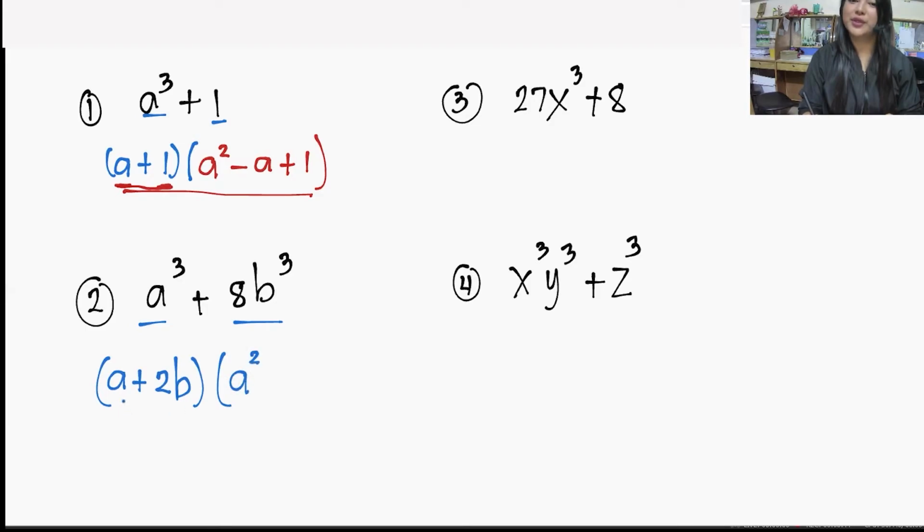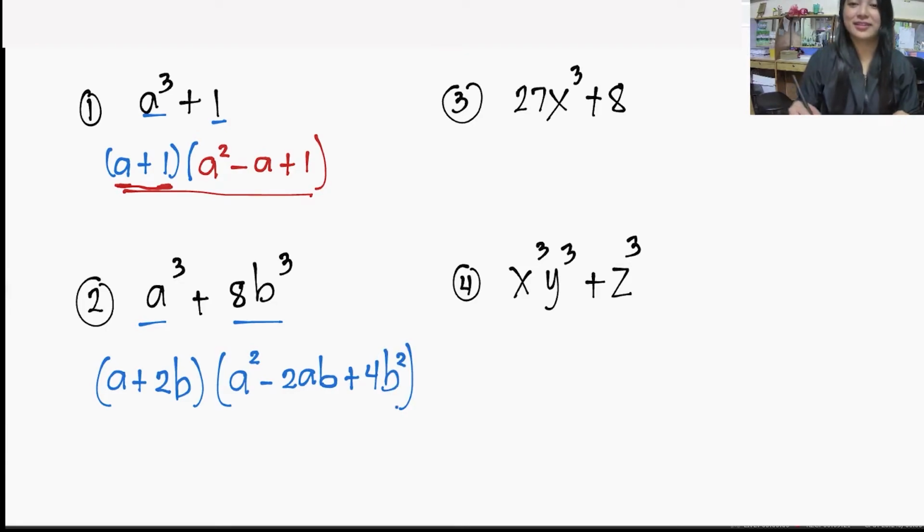Next, we're going to get the negative product of the terms in the binomial. So a times 2b would be 2ab, negative. Lastly, we are going to square the last term. Squaring the last term would give us 2 times 2, that is 4, and b squared.